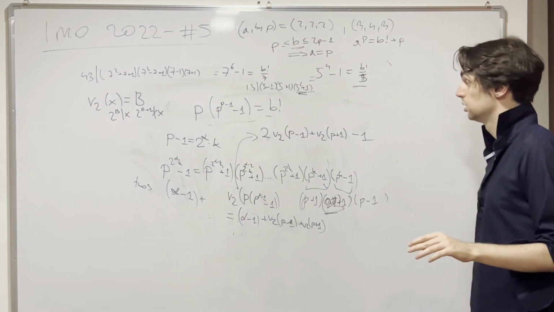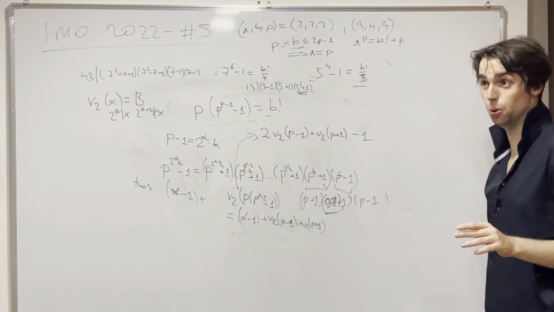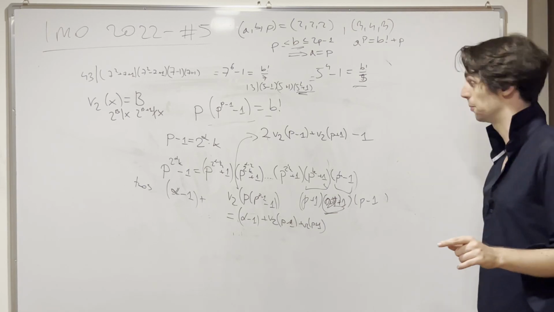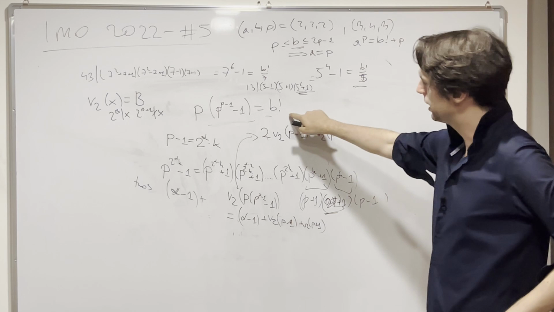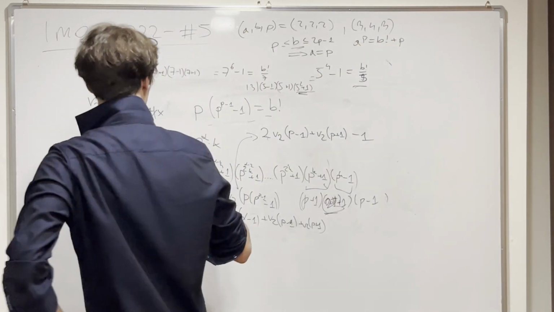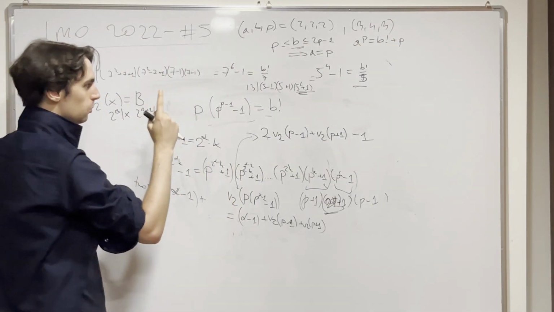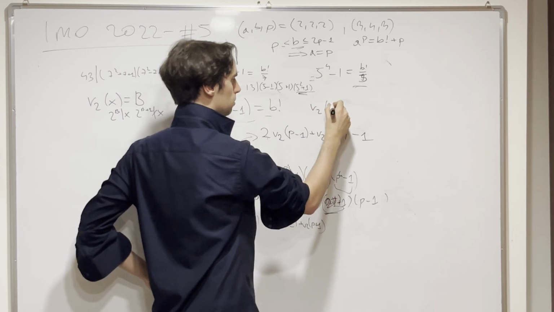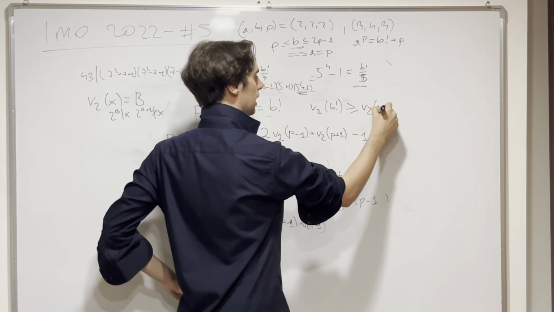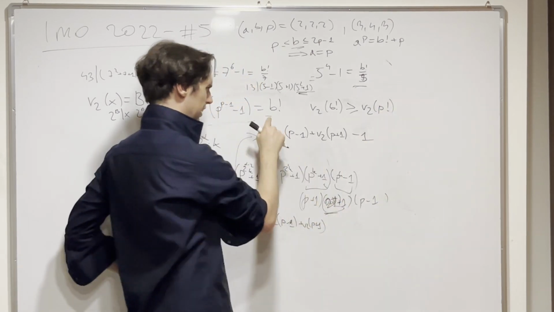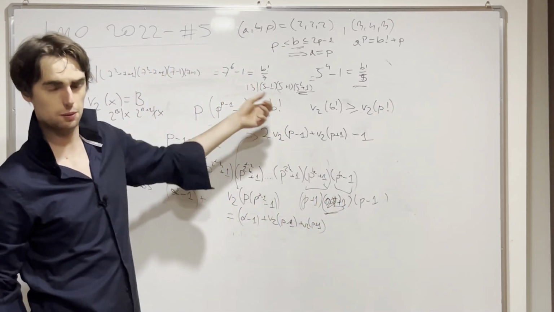Now, that's all fine and cool, but it's still a large number. And how many 2's do we have here? Well, the number of 2's for p factorial is at least the number of 2's we have for p factorial, and we've shown that this usually was bigger.